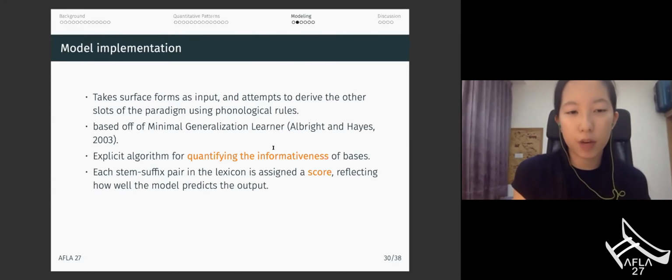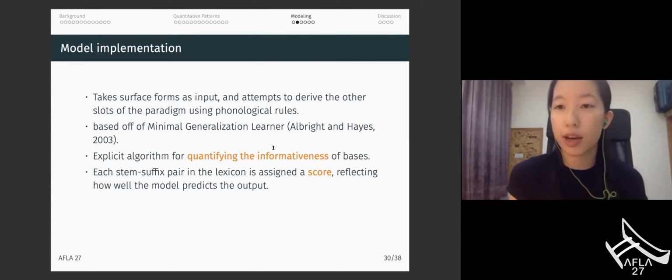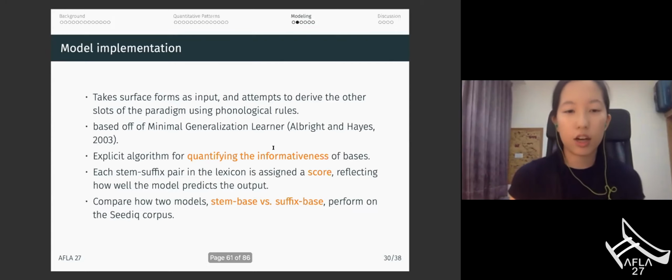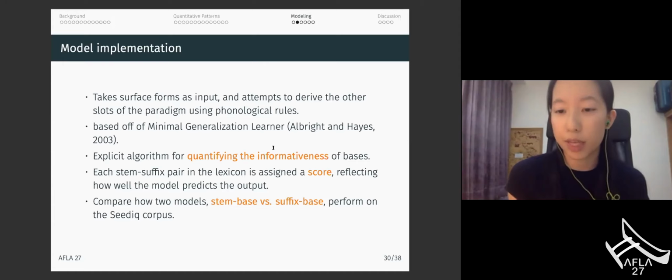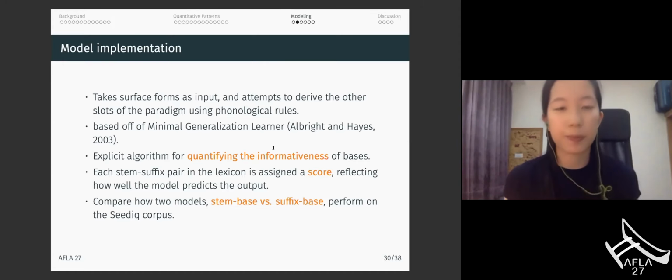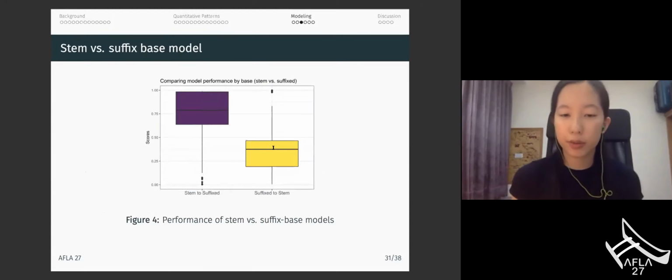Crucially, this model has an explicit algorithm for quantifying the informativeness of bases. In particular, each stem-suffix pair in the lexicon is assigned a score, which reflects how well the model predicts the output. And I'll first compare two models, one with a stem base, another with a suffix base, and see how they perform on my corpus of 340 items. So here are the modeling results.